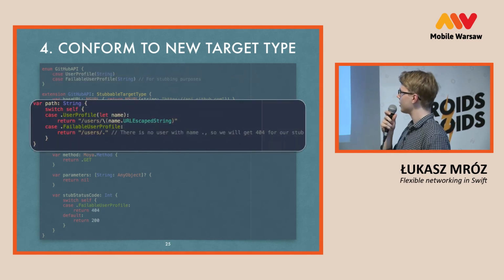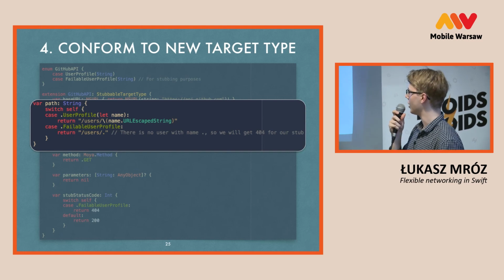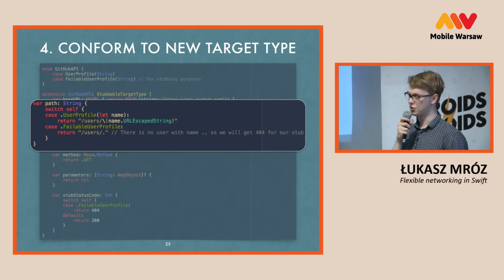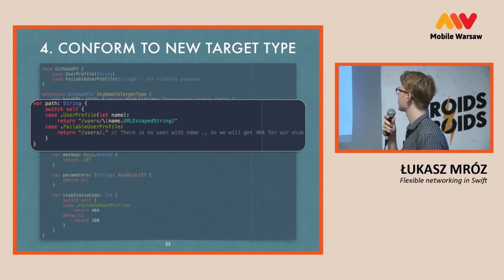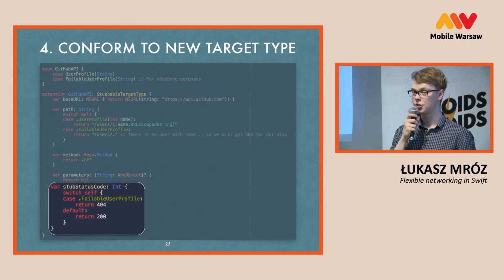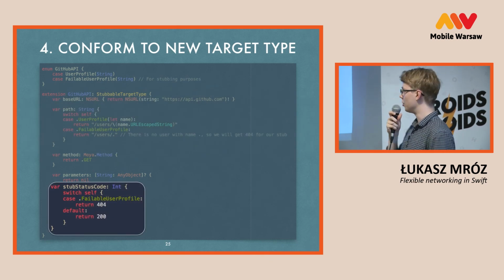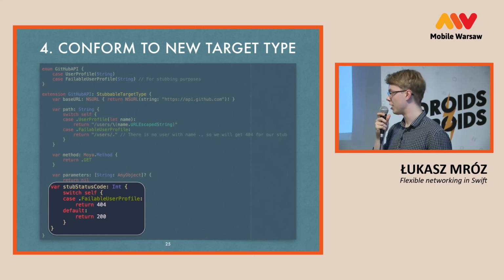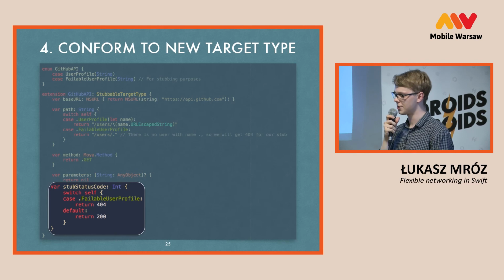And we can specify how to get this error in our API. So also we switch over self, and when there is the failable user profile case, we just pass the dot to GitHub user API, which gives us a 404 error. And we change the implementation of stub status code, which we want to return 404 when there is a failable case, and 200 when there is a positive successful case.